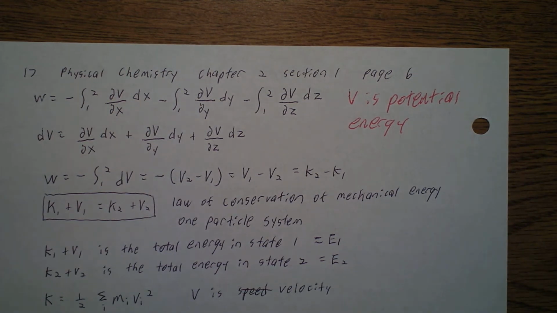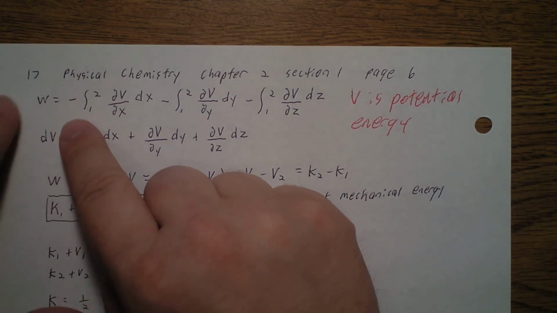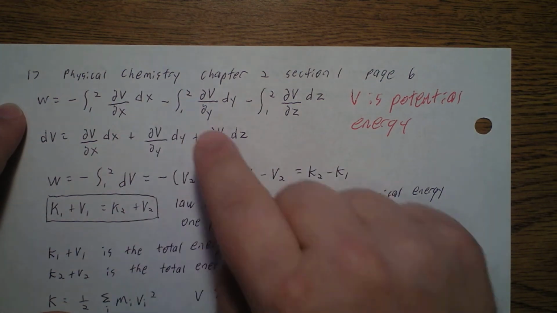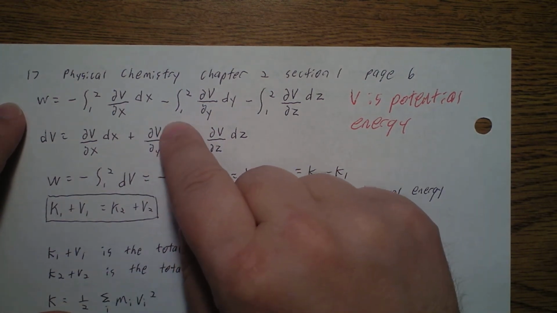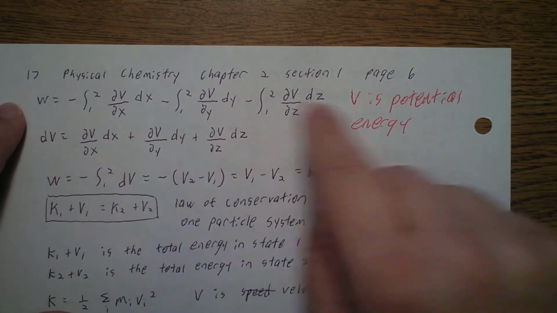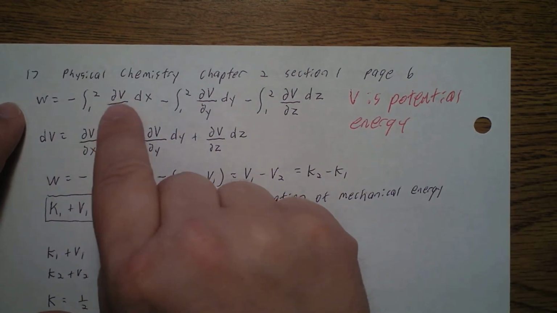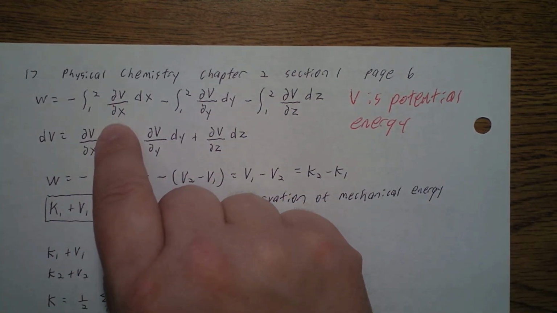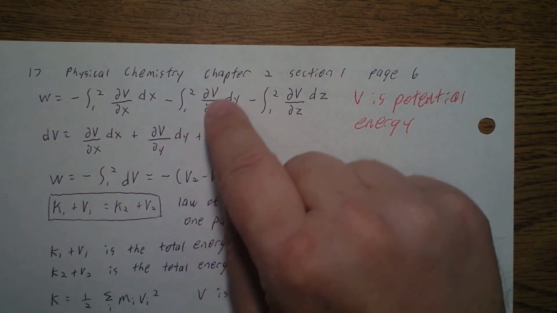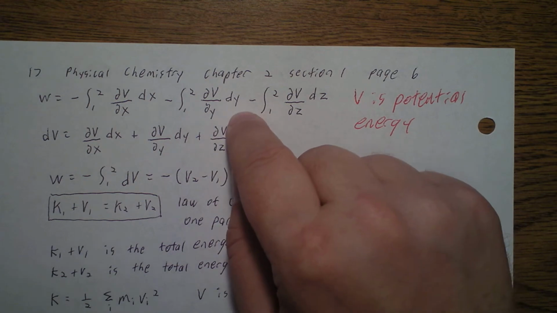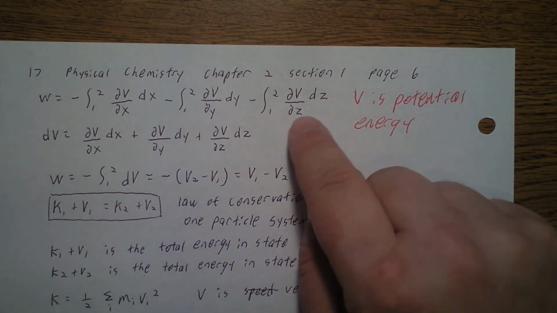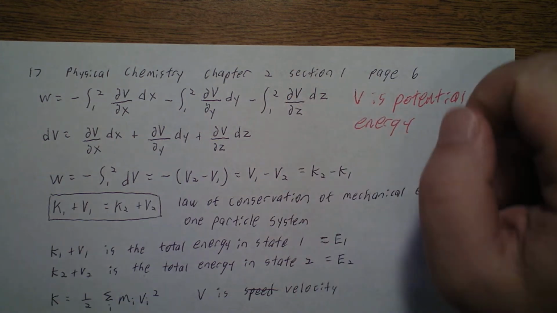So what we have is work is equal to minus the integral from state 1 to 2 of the derivative of potential energy, I screwed that up, I emphasize that, this is the derivative of potential energy with respect to x. Then minus the integral from state 1 to state 2 of the derivative of potential energy with respect to y, minus the integral from state 1 to 2 of the derivative of potential energy with respect to z.